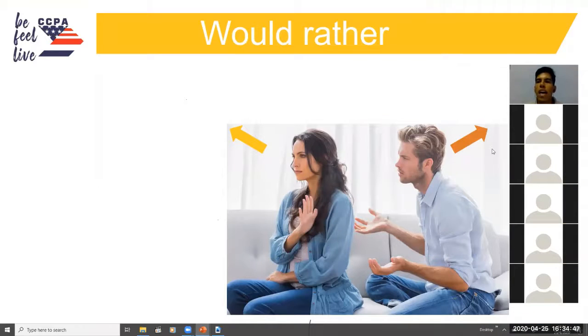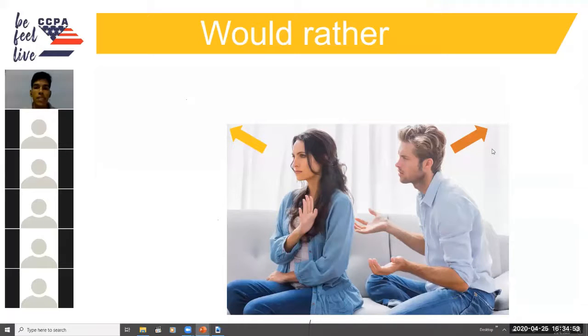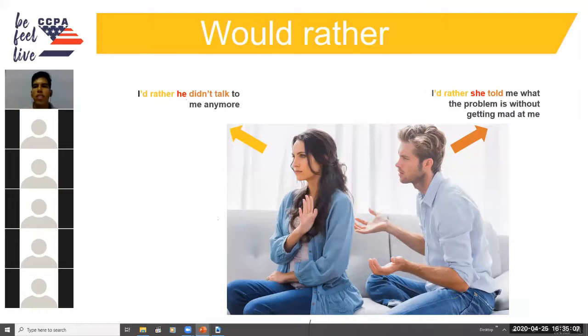We have also another situation in which we use would rather. Here we have this couple, and they seem to have argued, right? And she says, I'd rather he didn't talk to me anymore. She's really mad, right? And he thinks, I'd rather she told me what the problem is without getting mad at me, right?